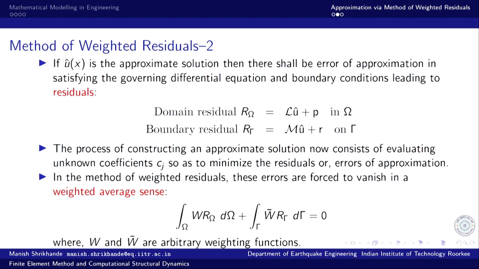Now, think over this a little bit more. For any arbitrary choice of W and W bar, this weighted residual statement should hold if it was a true solution. Now, if I try to satisfy this statement of weighted residuals over a large number of W and W bar, then in a way I am approaching the true solution.